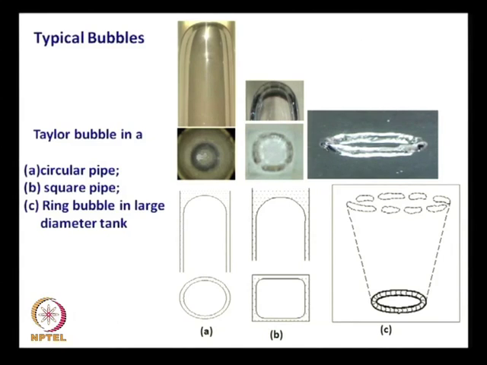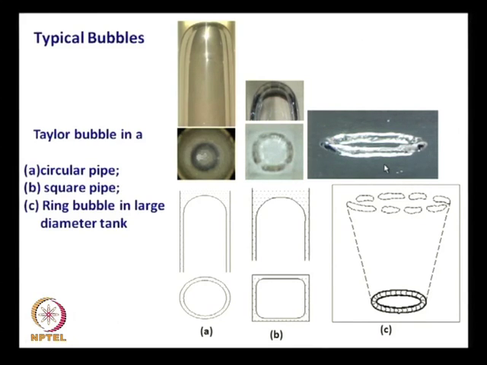These ring bubbles gradually expand outwardly, become thinner, and then finally, while rising, break up into a number of satellite bubbles. But more or less they do not deviate from the axis of symmetry.